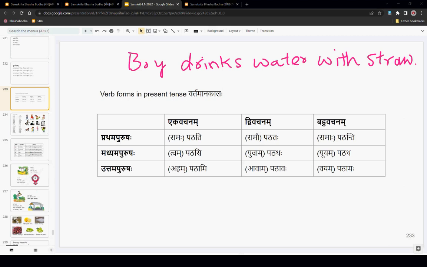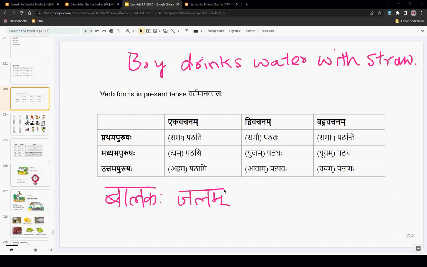So if we translate this into Sanskritam, what is boy? Balakah. Drinks water: Jalam pibati. Now with straw.